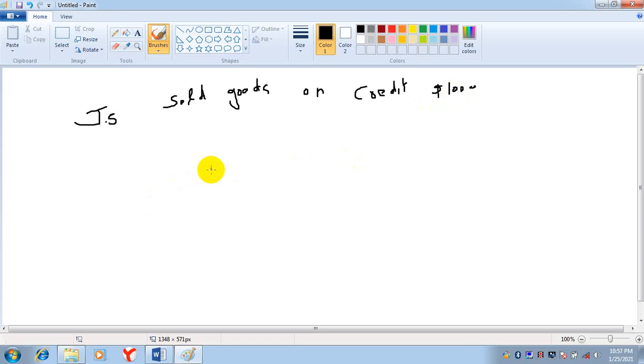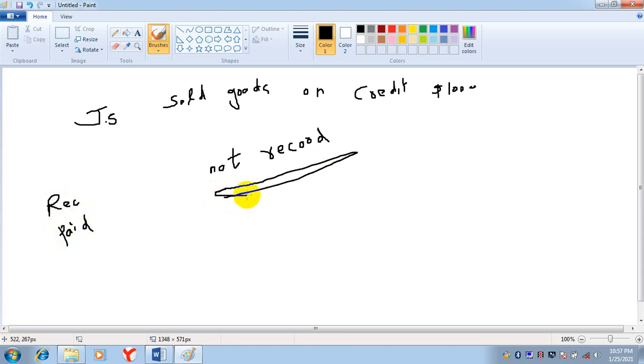You will not record it in cash basis of accounting, because you will record the transaction at that time when cash is received or cash is paid. But here, no cash is received, no cash is paid. So you will not record this transaction in cash basis of accounting.